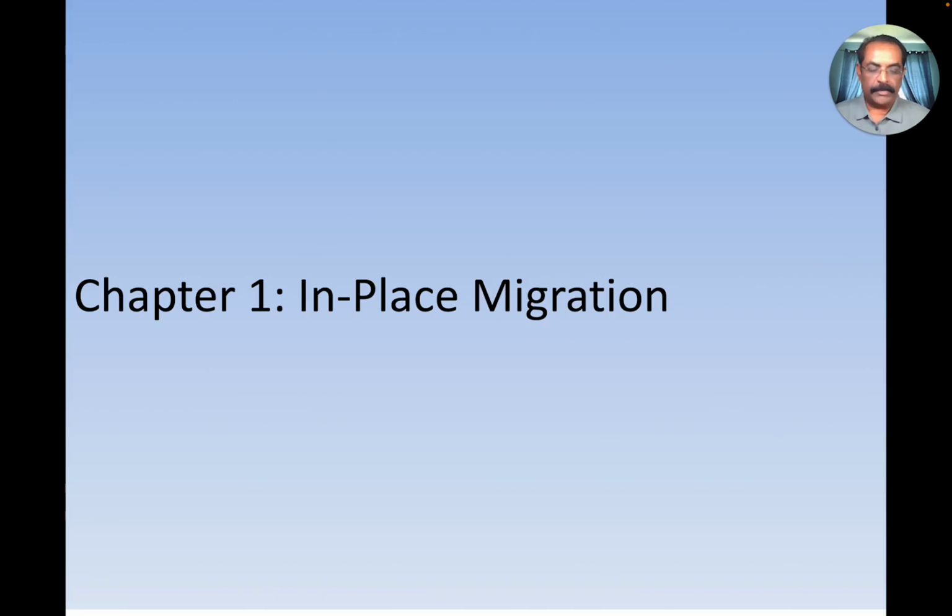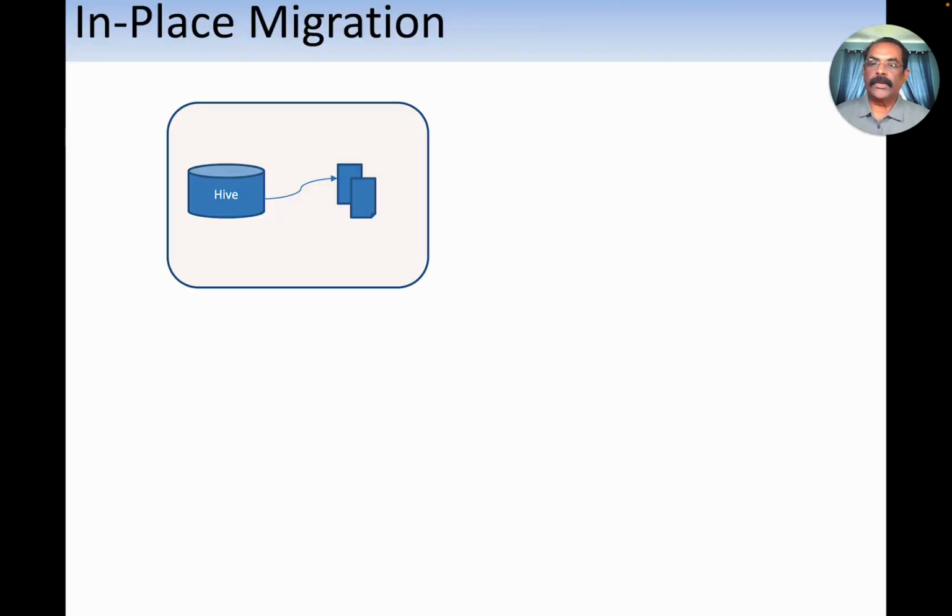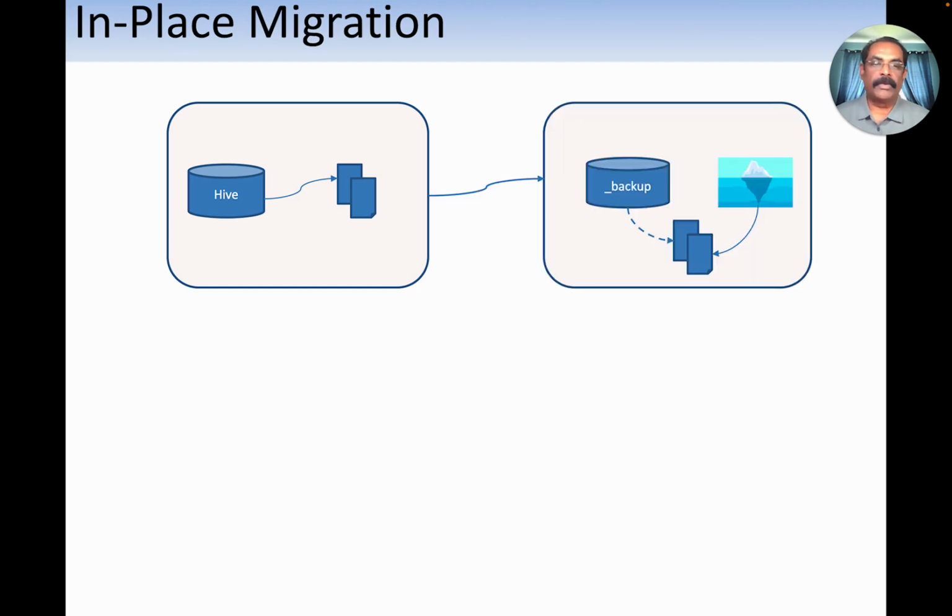So in-place migration. Let's say you have a Hive table, then you might have ORC or Parquet, right? Doesn't matter. What we'll be doing is converting it with in-place migration. When we do in-place migration, we're going to convert your Hive table to an Iceberg table, and then we will keep a backup table in Hive format.